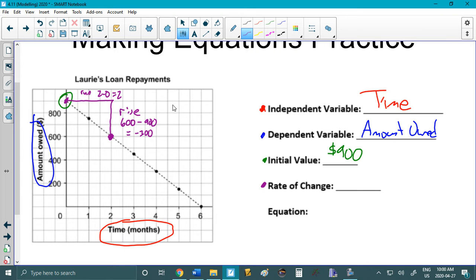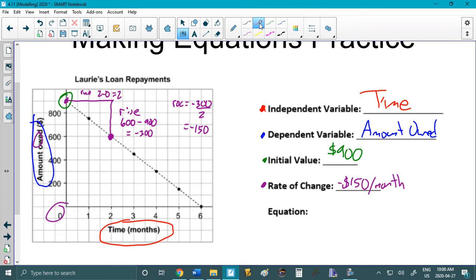We get 2. So the rate of change equals negative 300 divided by 2 equals negative 150. So my rate of change is negative $150. Remember, the rate of change needs 2 variables, so negative $150 per month. So that means this person's loan is going down by $150 per month, and it looks like after 6 months they've repaid the loan and they owe 0.